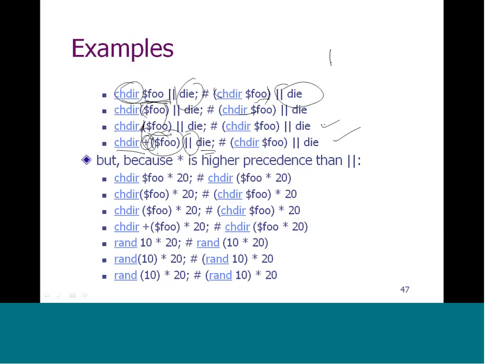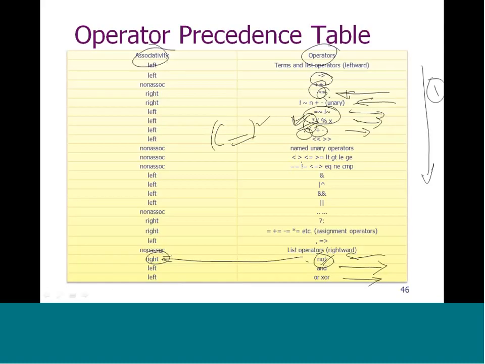That's because the addition takes precedence over this relational operation. So this relational operation, I should say once again, is on, just in case. Now when we use a multiplication operation instead of an OR, for example here, then this is the same as the change there with $foo times 20, because now this one has higher precedence than this relational operator.